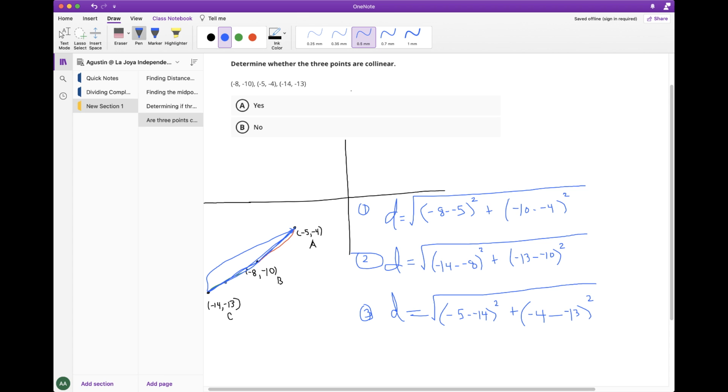But in this case, they're off a little bit. It's like this and then a little bit up higher, so the distance from the first one all the way to the third one is a little bit longer than from the first to the second and the second to the third. So it has to be equal. The answer here would be no. It is not collinear.